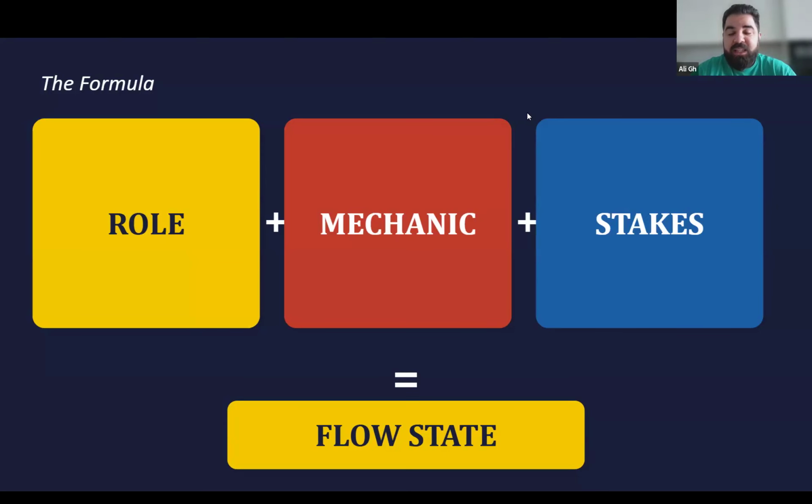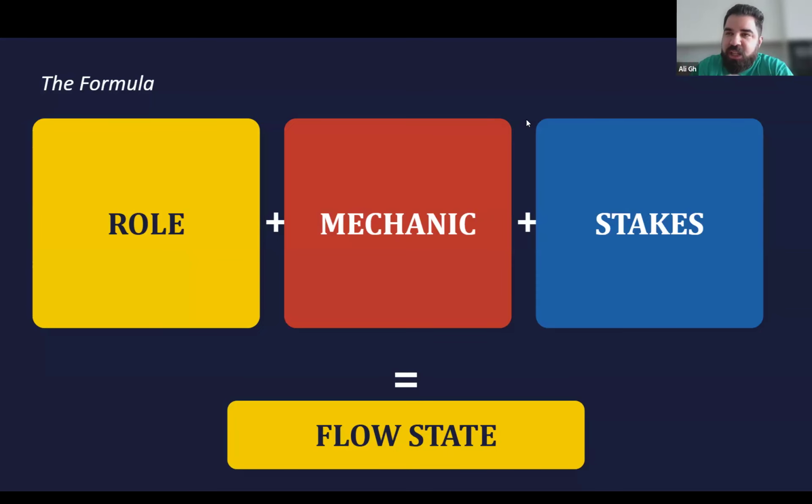Now, in gamification, the optimum state you want to be in is called a flow state. I don't know if you've ever had a friend, a partner, or a child play a game. Once they're in it, they can't understand what's happening around them. They're very much in that focused mode. That is called a flow state.